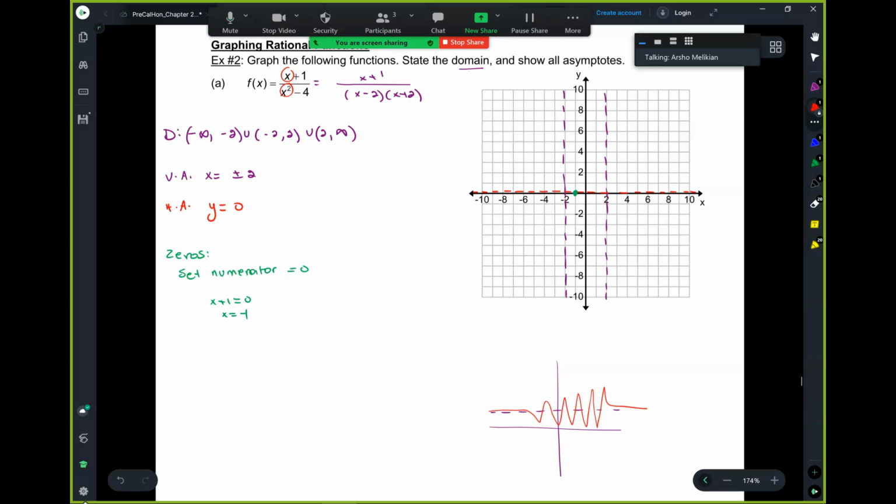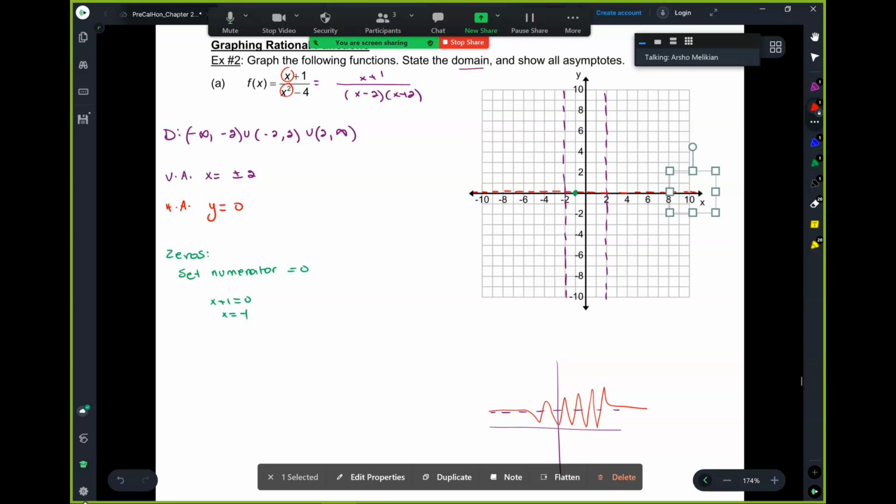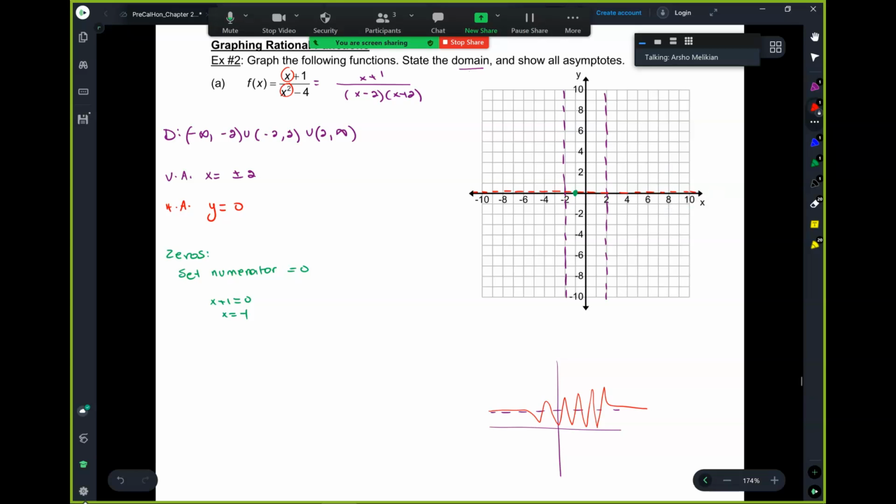Now these vertical asymptotes have divided the plane into 3 regions, yes? In the middle region where the zero is, if you want to draw the graph, and it has to follow the vertical asymptotes, then one way for this to look is this, passing through the zero. Another way for it to look is this. So how do we know which one? We're going to use a test point.